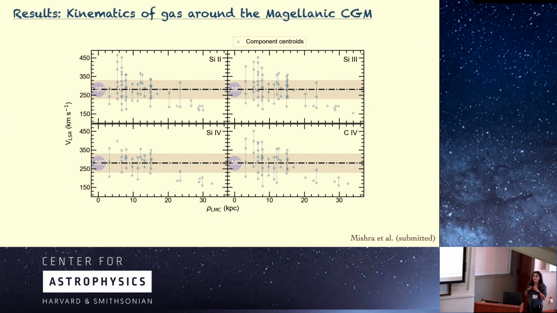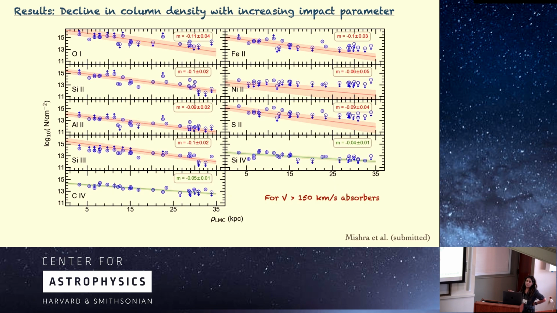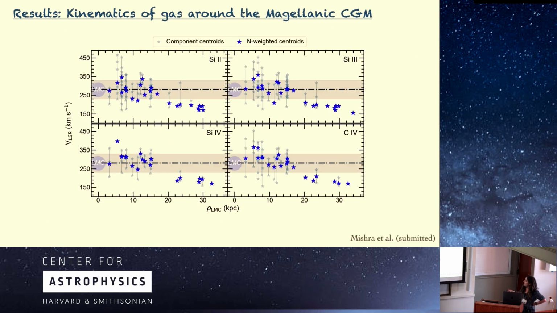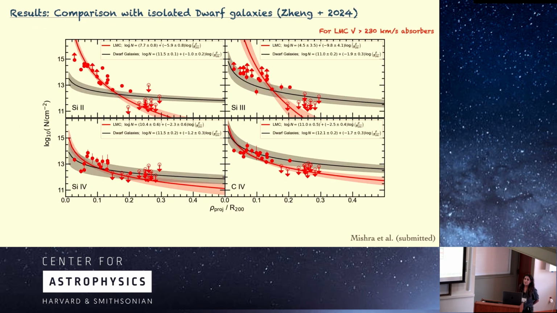If you could go back to the profiles, the second to last slide. This one. Yeah. I see the truncation, and I was also wondering, because I've seen some papers recently that talked about how ram pressure not only strips outer gas, but drives inner gas more inward through loss of angular momentum.